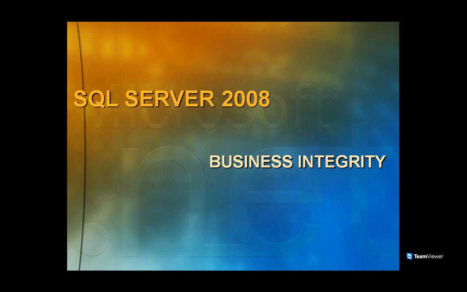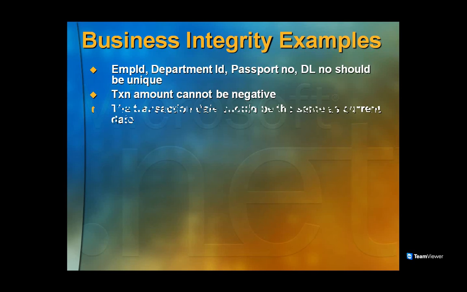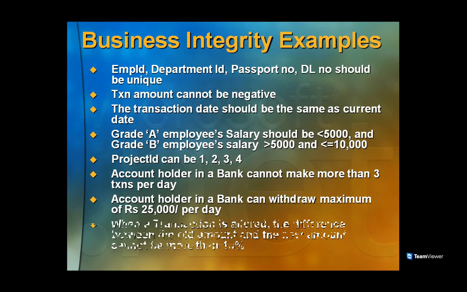Whenever you make any wrong entries, somebody has to audit the data. So RDBMS gives us lots of features, with which we can audit the data. We have check constraints and other things. These are a few examples where, whenever you insert data into a table, the data must be correct.